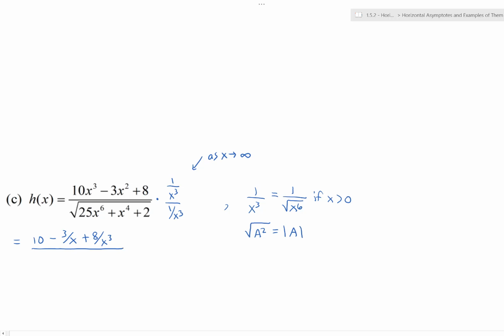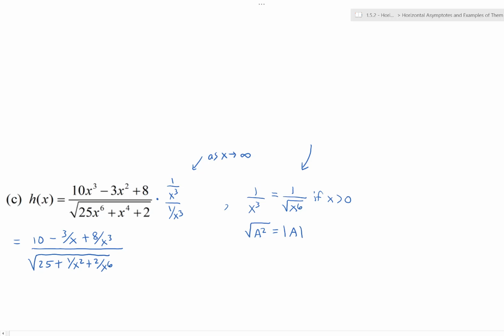Now in the denominator, I'm multiplying the root by 1 over x cubed, which is the same as multiplying by 1 over the root of x to the 6th, because x is positive. So I can absorb it inside the other root, since a root times a root is the root of the product. What I get is the root of 25 plus a 1 over x squared plus a 2 over x to the 6th.